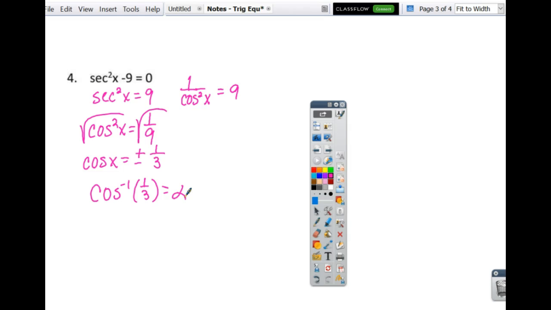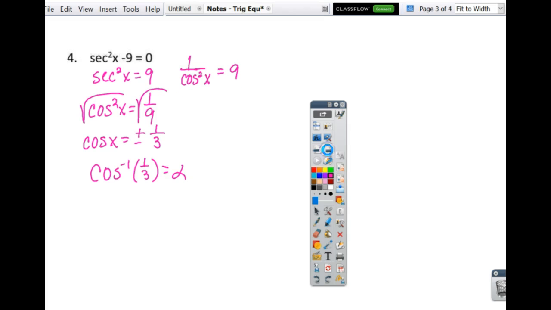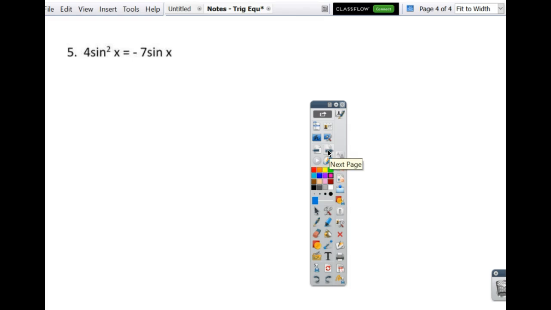So is everybody good? Everybody knows how to do this one? Was there one more? There's 2 more? Okay, so how do I do this? No, we're not dividing, because what happens if you divide? You lose a term and you get it wrong. So if you don't want to lose a term, we're going to subtract.